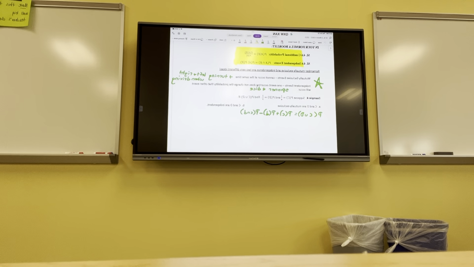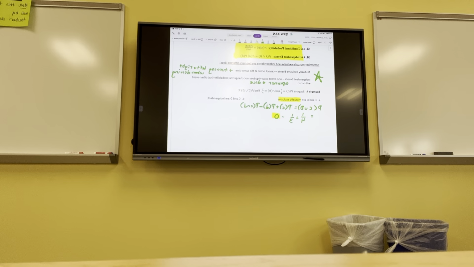If they're mutually exclusive, they cannot happen at the same time, so there's no intersection. So we just make a common denominator, and we get 7 out of 12.